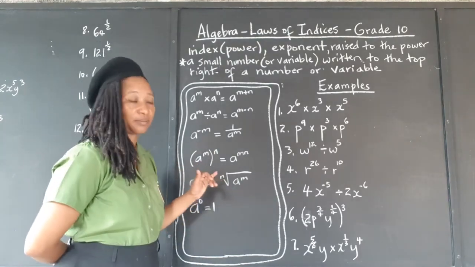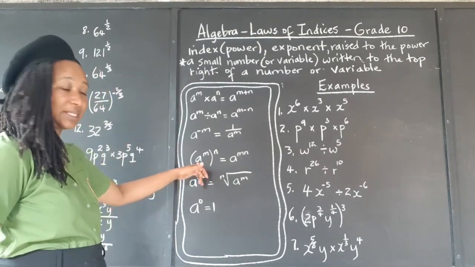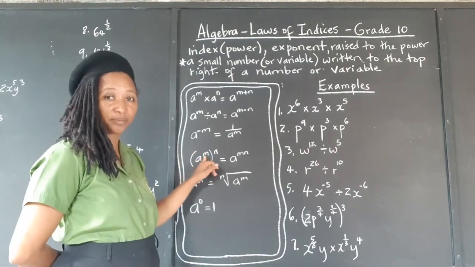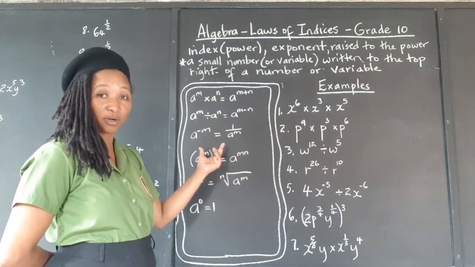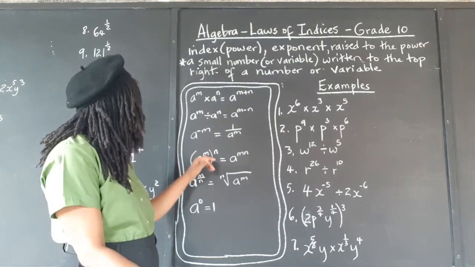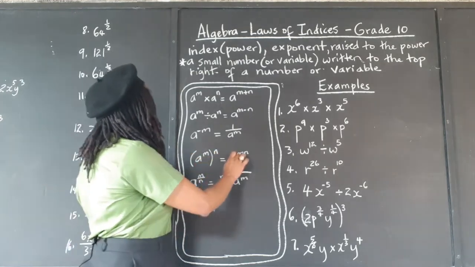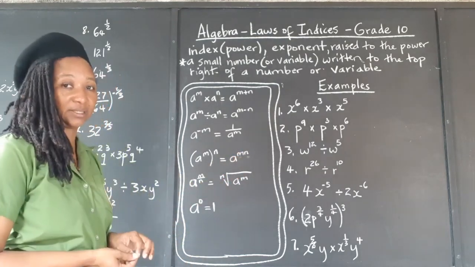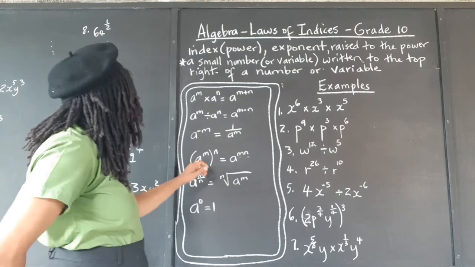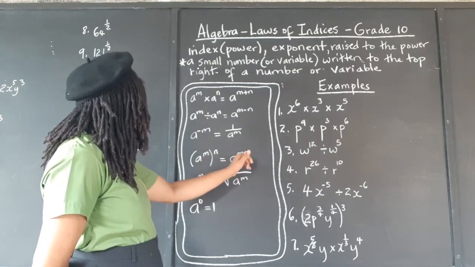Fourth law, if a number or base is raised to a power, and then raised to another power, in other words a power raised to a power, you are going to multiply the powers. So a to the m to the n is the same as a to the m n.